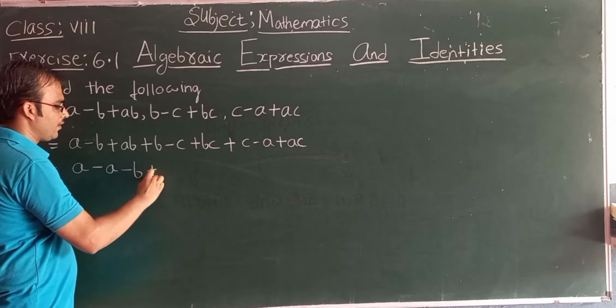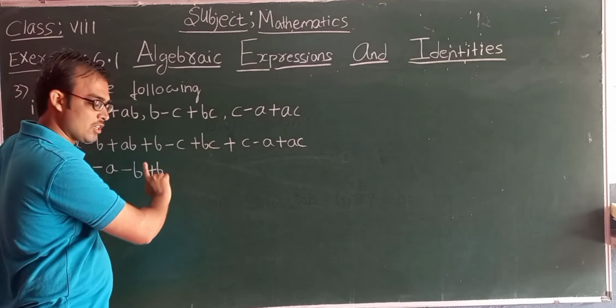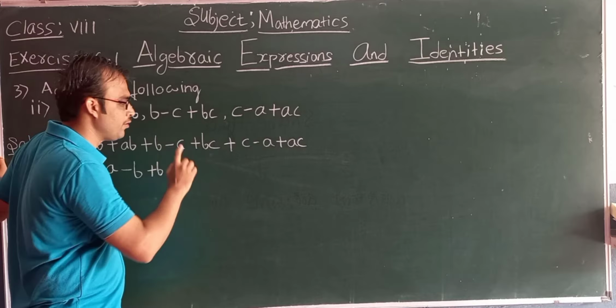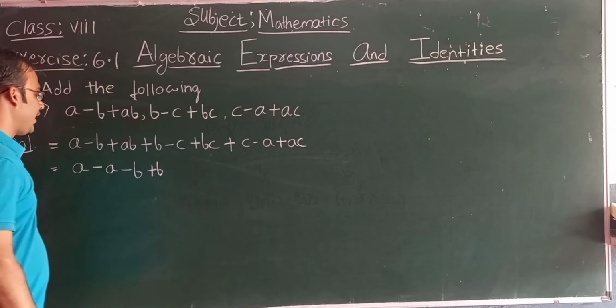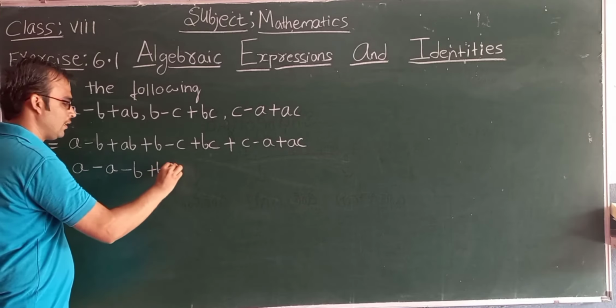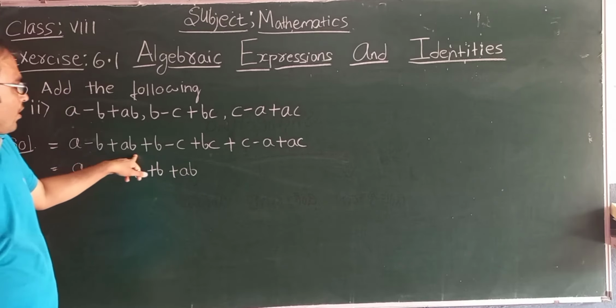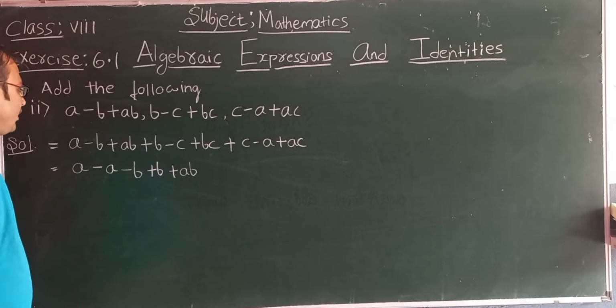Here plus B is there. Here BC is there, but don't write it when it is in combination. When it is alone or separate, then you need to write it. So here no BC. Again, what is here? Plus AB. Check whether there is any other AB or not. No, there is no other AB.